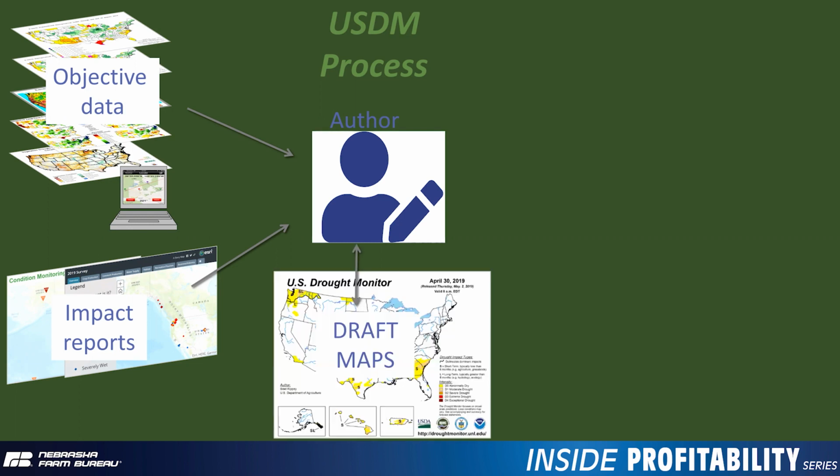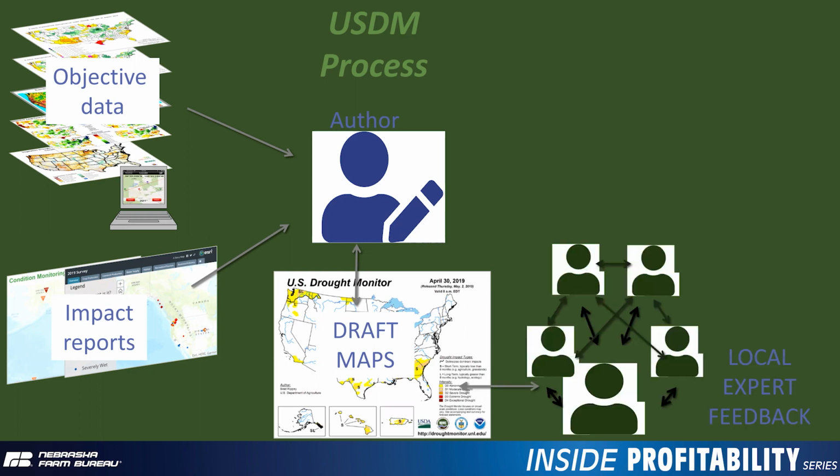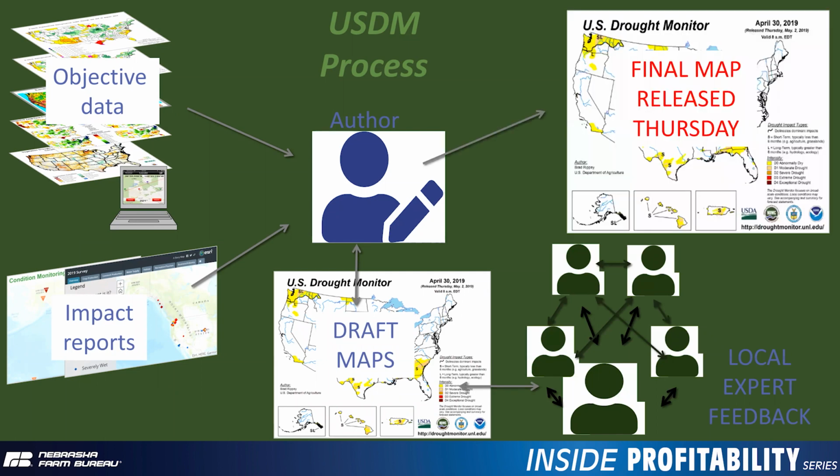We develop draft maps that go out to around 450 plus people on the ground in every state for ground truthing, sort of a quick sanity check, if you will. That's that local expert feedback network I spoke of, and I'll show you a map of that demographic here. And then the map's released on Thursday morning.